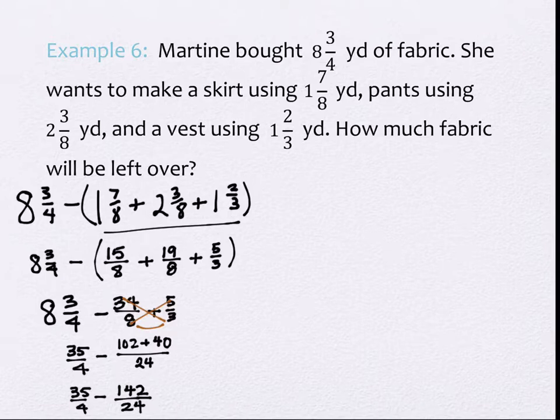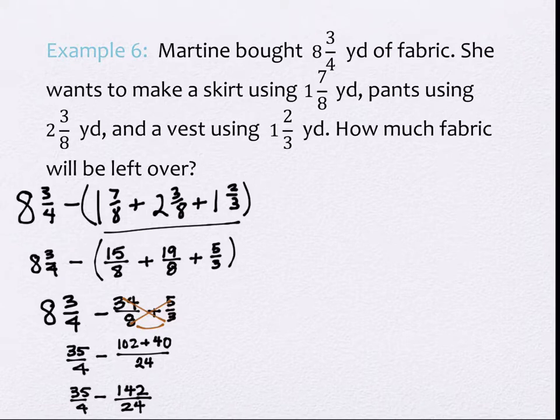Okay, so you could, and you can if you wish, multiply across here, and multiply across here. You can do that if you would like to. I'm going to choose not to do it that way because the 24 times 4 on the bottom is going to give me a really big denominator. And I know that 24 and 4 have something in common, namely a 4.